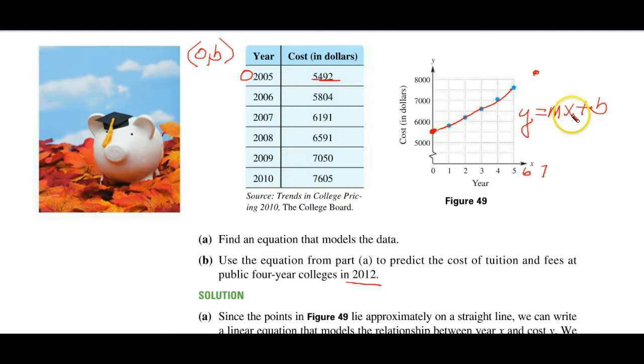And then over here, we're going to put a 7 for our years. So when we find our slope, we multiply it by 7, and then we add our b value to it, and that will be 2012 down here.